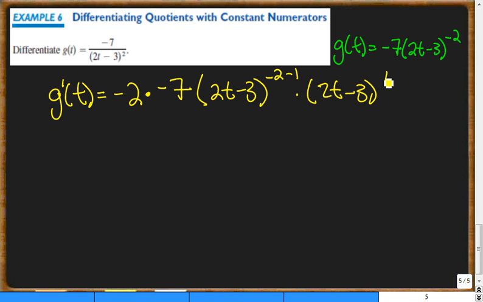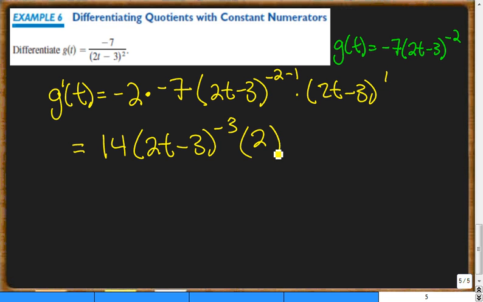So lots of stuff going on. And so I'm going to keep moving. So negative 2 times negative 7 is going to give me 14. I get (2t minus 3) to the negative 3. And then finally the derivative of all this is just 2. So overall, you should end up with this as your final answer.